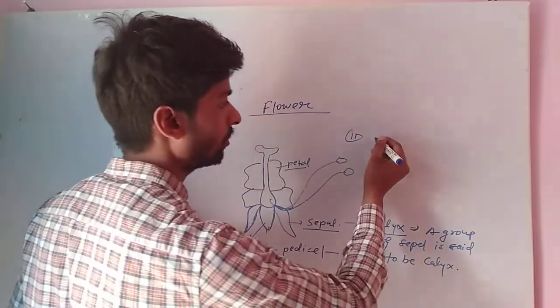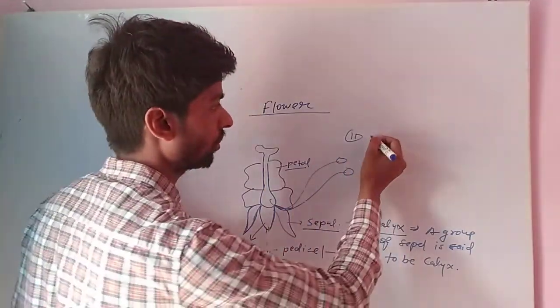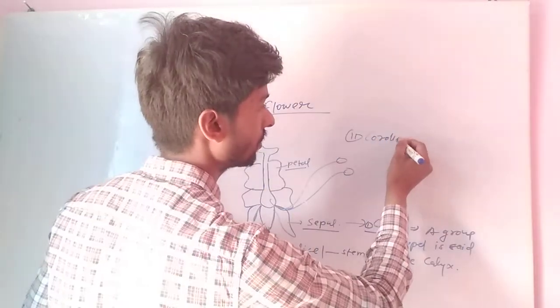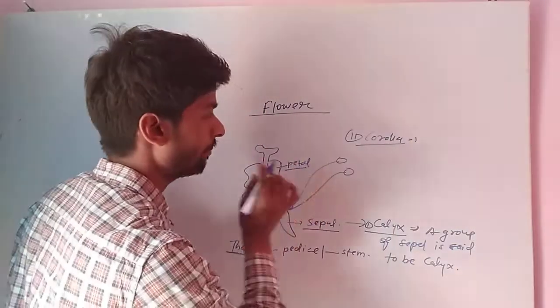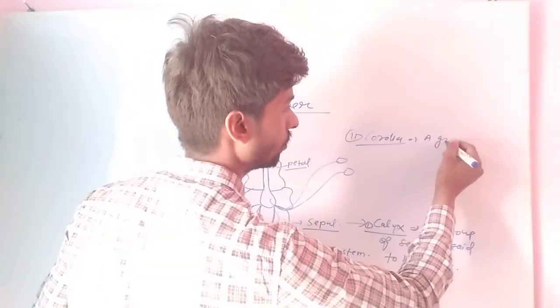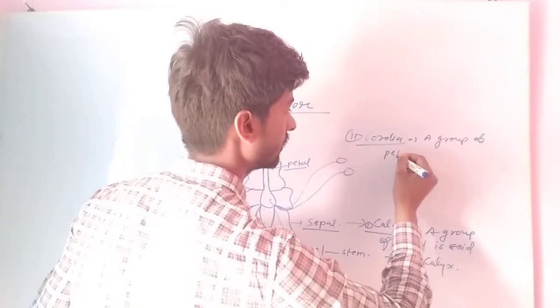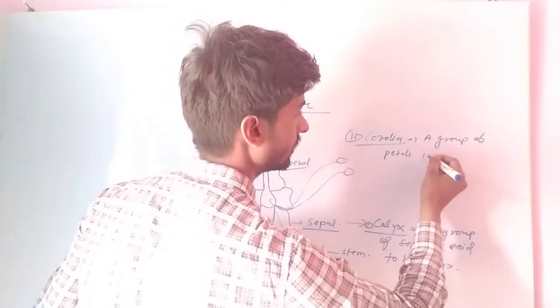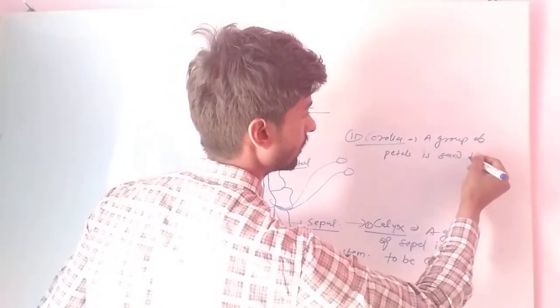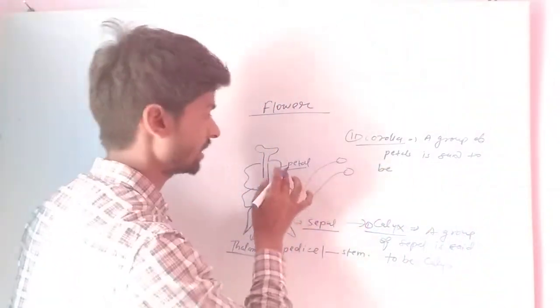Like this, a group of petals will be called a corolla. So we can write the definition of the corolla: a group of petals is said to be corolla.